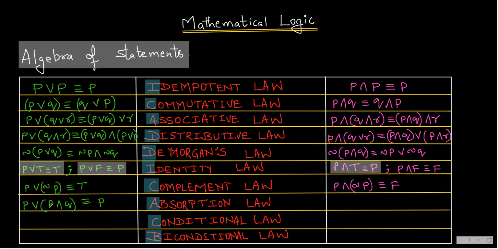One has to follow that in absorption law, you have the connectives different. Inside the bracket, you have conjunction, and outside you have disjunction. Moreover, you see that inside the bracket, out of two statements, one is repeated outside.